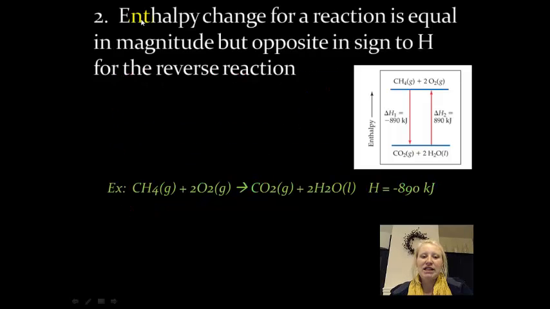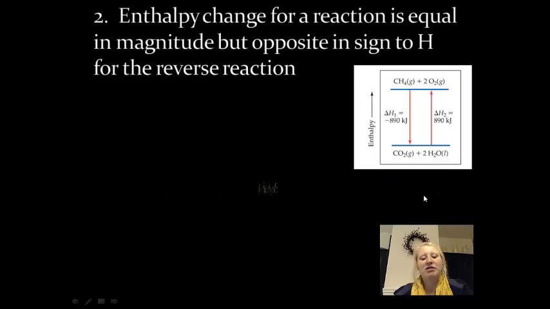The second rule is that the enthalpy change for a reaction is equal in magnitude but opposite in sign to the delta H for the reverse reaction. Here's an example. We have methane from before being combusted in oxygen, and remember we said that the delta H for this reaction is negative 890 kilojoules. What happens if we flip this reaction?